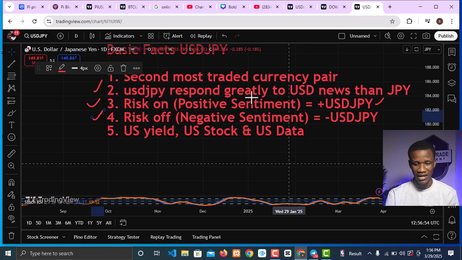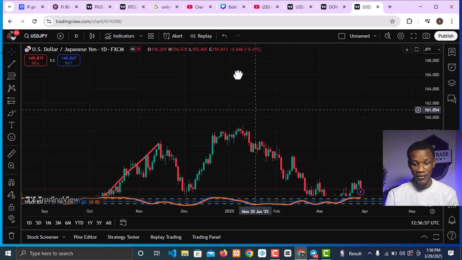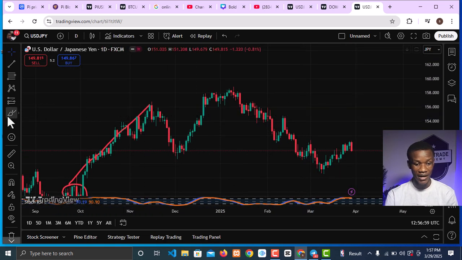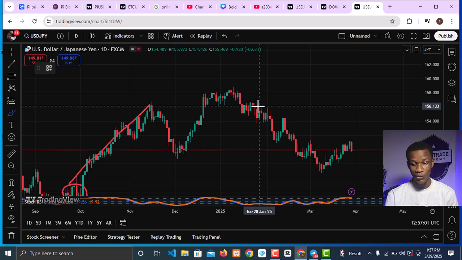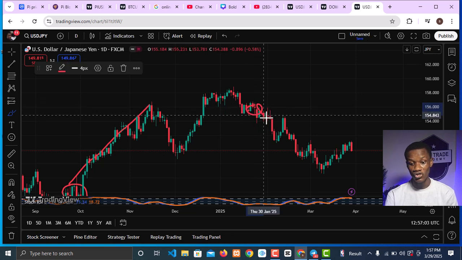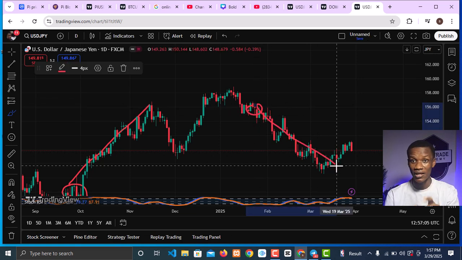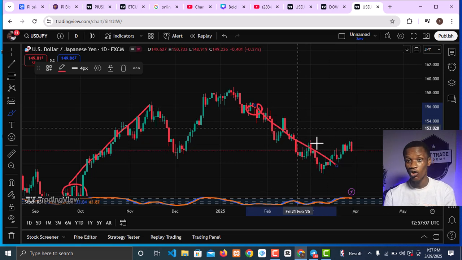Look at the price action right here as well. Around this very area, that was this year, January, the market began to drop all the way to the downside. Why? If I should ask you, why is the market coming all the way to the downside? Just a few traders will have an answer to this question. And the reason is because there is a negative sentiment in the market. What is the negative sentiment?